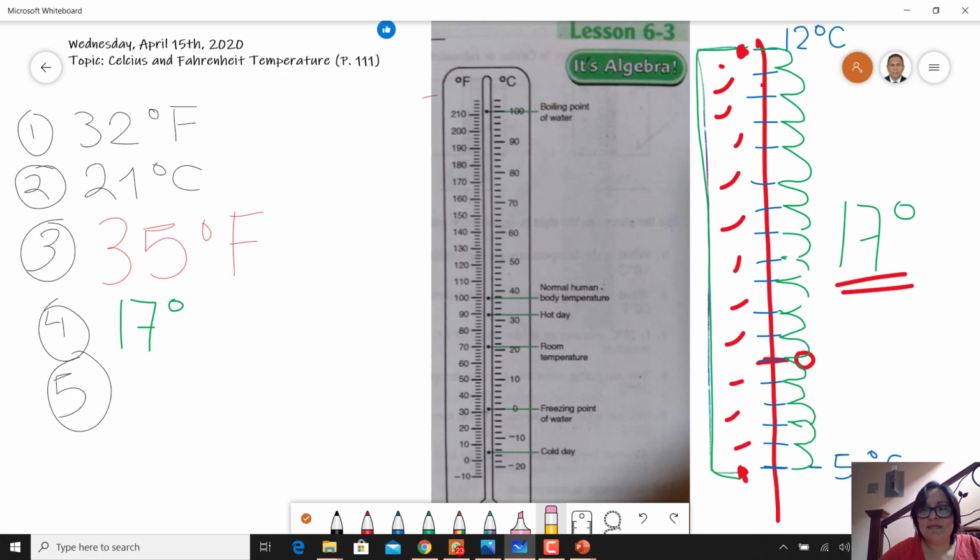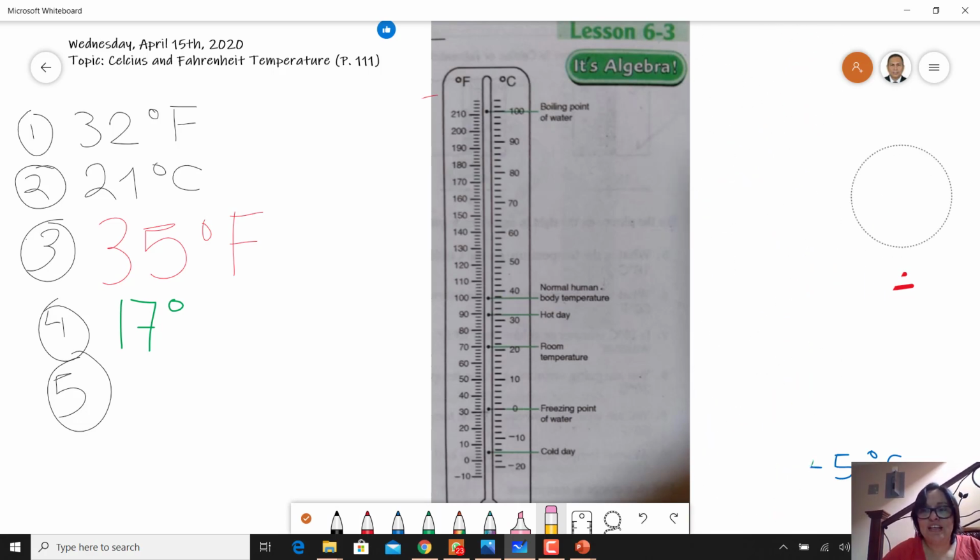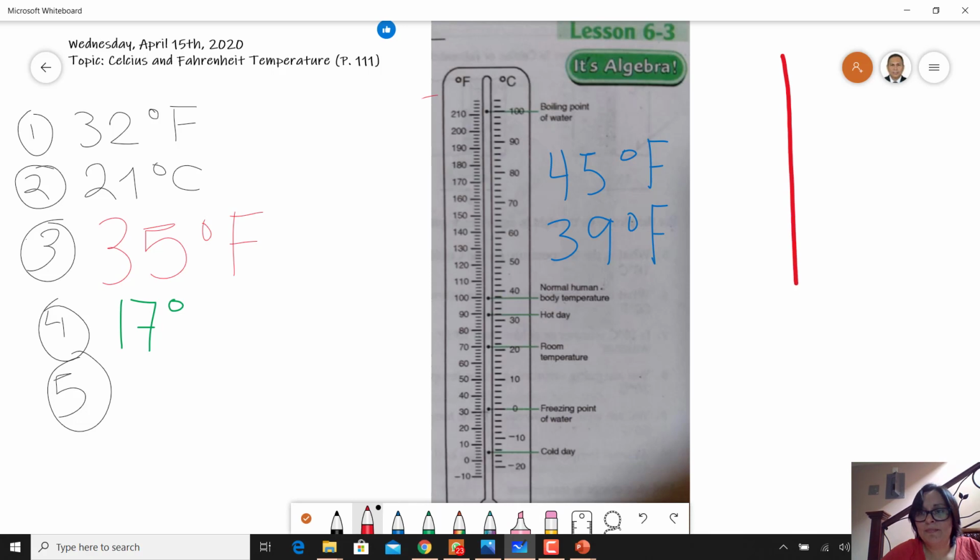And number 5 says, find the change in temperature from 45 Fahrenheit degrees and 39 Fahrenheit degrees. So again, we are going to draw a thermometer, and by here we are going to have 45. Look that in here we have 45 and 39.